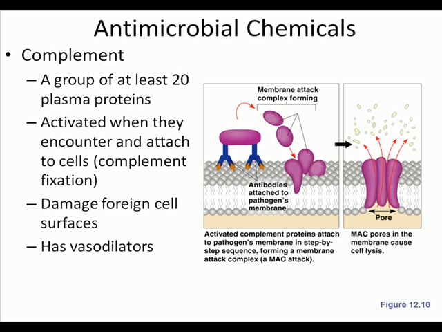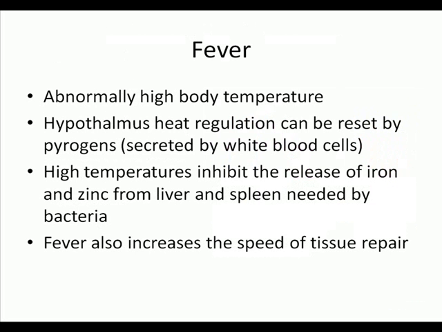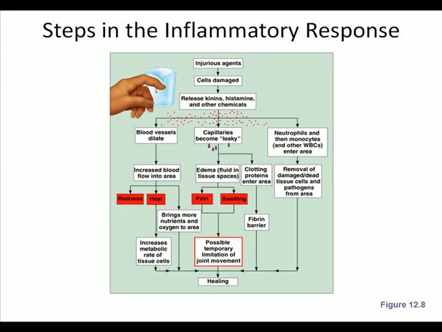When they are activated, when they encounter or attach to cells that they shouldn't be, they're almost like a tag that will trigger, hey, this is something that shouldn't be here, and will trigger an inflammatory response to that. Fever is really a part of that heat of inflammation. Your body can actually reset your body temperature to allow for a little bit higher temperatures that speed up the enzymes that are involved in the immune system and help speed up tissue repair.